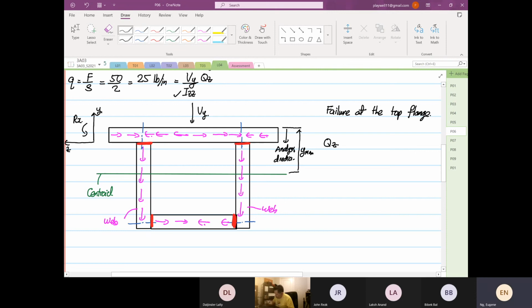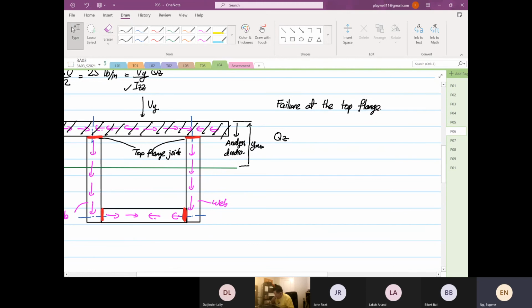So when it hits the joints or top flange joint, the shear flow that we have to consider is this area. Okay, so from here you calculate Qz is equal to A Y bar.